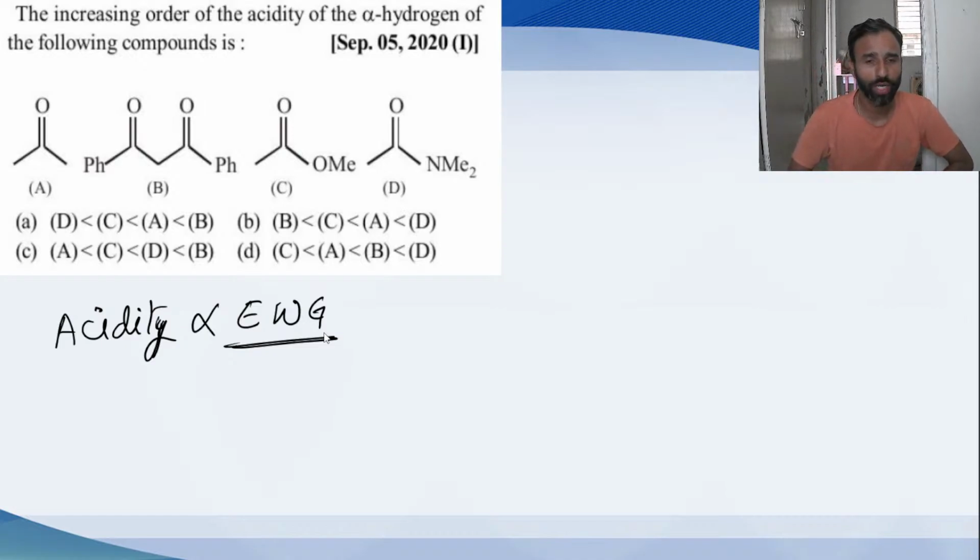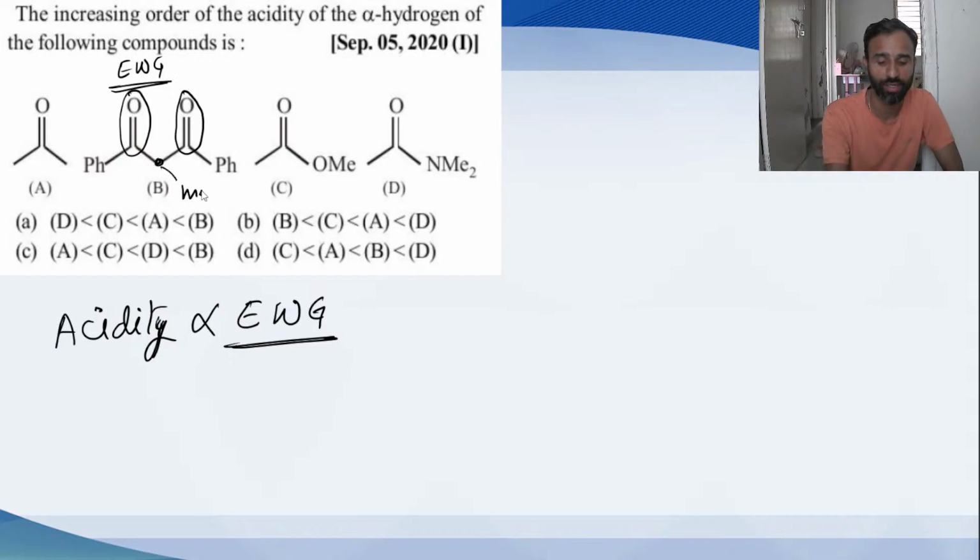So which hydrogen or which carbon is attached to the most electron withdrawing groups? See, here the CH2 carbon is attached to electron withdrawing groups on both sides. This is most acidic. Alpha hydrogen is most acidic in B.